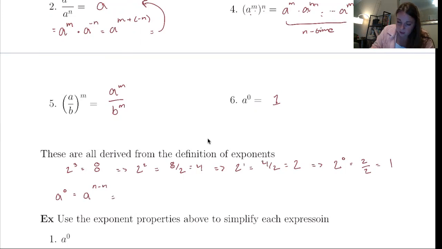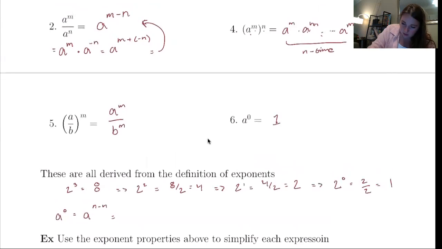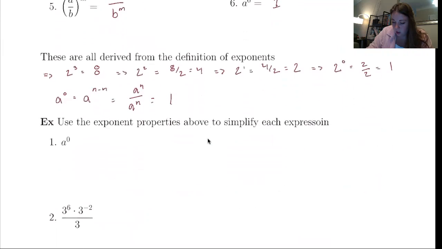So that's just going to be a to the n divided by a to the n. Well, anything divided by itself is just 1. So that's another way to think about it. I like this first one a little bit more because you actually get real numbers to think about. All right, so try that on another number and it'll work for any number. It's pretty cool. All right, so now let's put these properties to work.